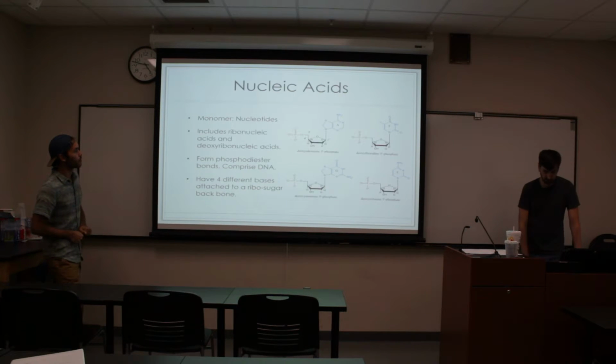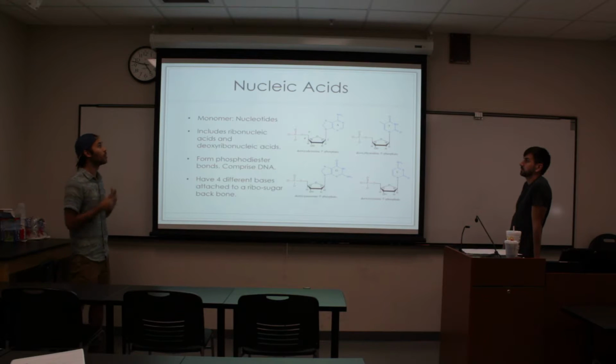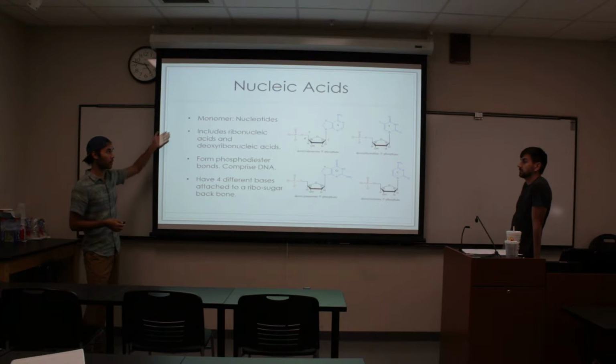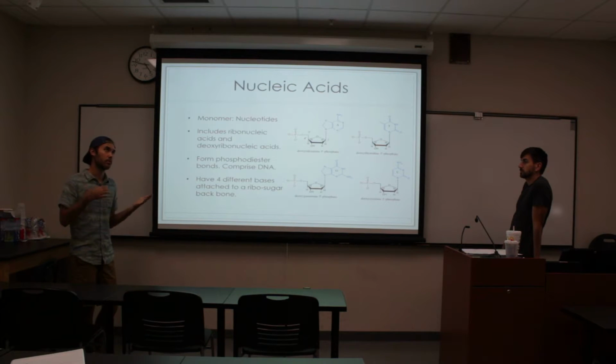Next relatively important one, nucleic acids. Everyone should be pretty familiar with these, but their monomeric form is nucleotides, which involves having a 5-carbon deoxyribose sugar, or in terms of RNA, a ribose sugar, not a deoxyribose sugar.